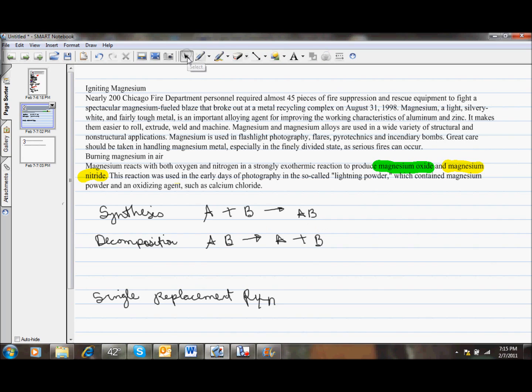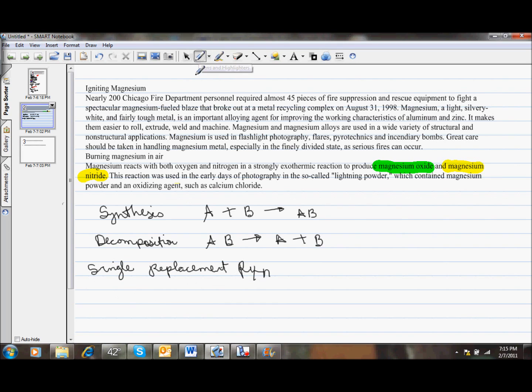Like I said, we'll talk about your replacement reactions. There are two types of replacement reactions. One is your single replacement reaction, in which you have a metal that's replacing another metal. In this case, we're going to use element A, which we're going to suppose is a metal, and you have compound BX, where B is the metal and X is a nonmetal, like an ionic compound.